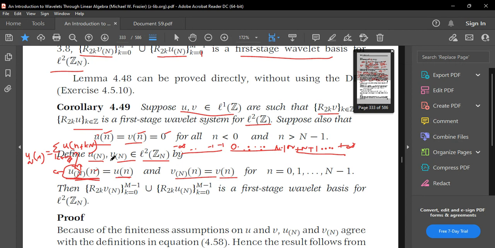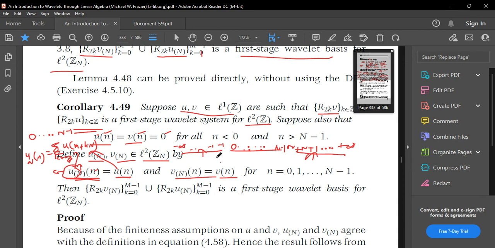Look at this summation: only the indices that come inside 0, 1, 2, 3, etc. up to N minus 1 will be non-zero here. All other terms in this series will be 0 because infinitely many terms are 0. So this can be written in this form.